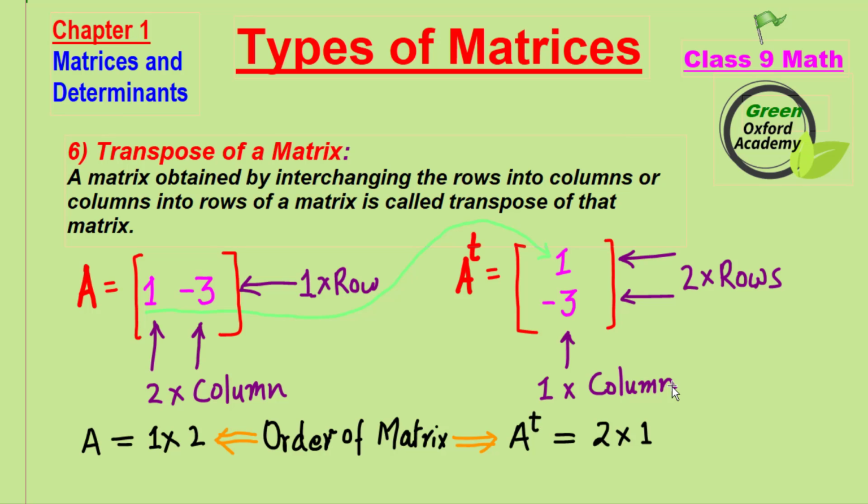The order of the transpose matrix is 2 by 1. It has 2 rows and 1 column. So the point is, after taking the transpose of any matrix, the order of the matrix must be changed. Matrix A has order 1 by 2, but the order of the transpose matrix is 2 by 1.